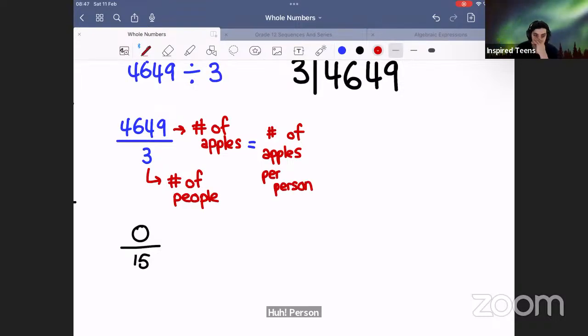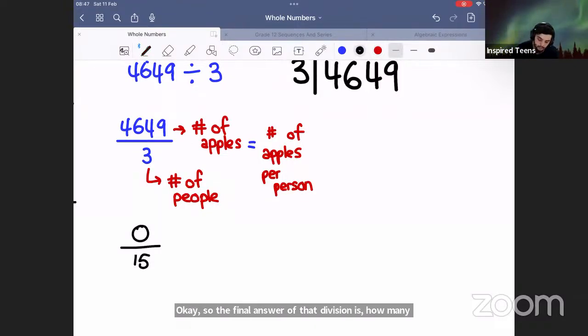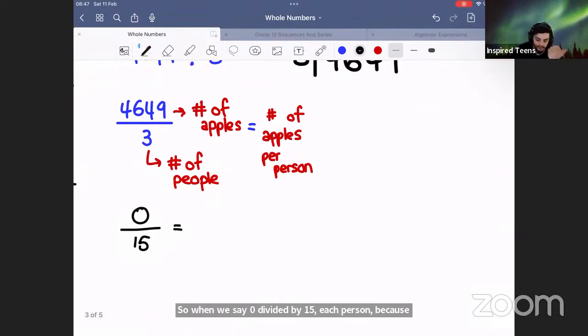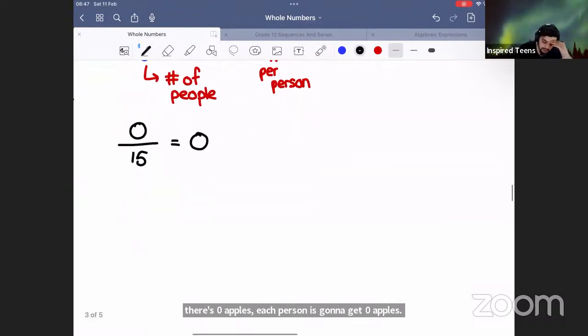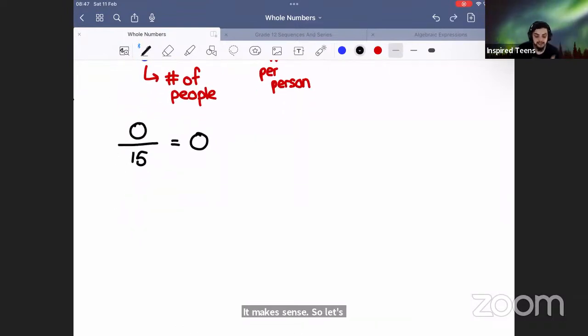So the final answer of that division is how many apples each person is going to get. So when we say 0 divided by 15, because there's 0 apples, each person is going to get 0 apples. Makes sense. So 0 divided by anything is always 0.